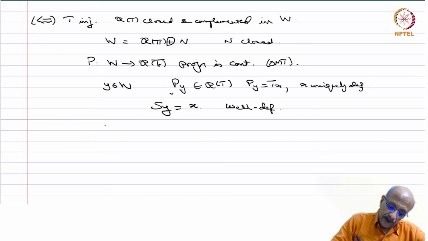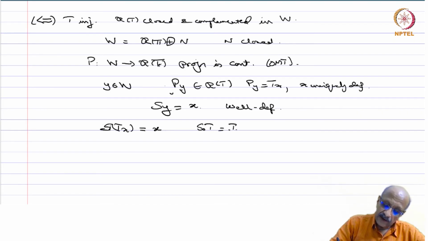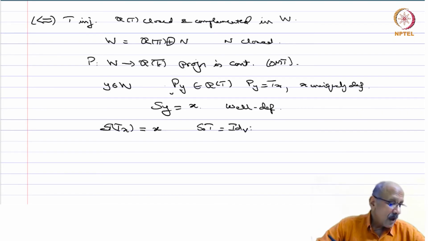If you take S of Tx, then Tx is already in the range, so trivially this has to be only x. So S composed with T is the identity on V. And now you have W, V and the range of T. This is closed, so all three are Banach spaces.